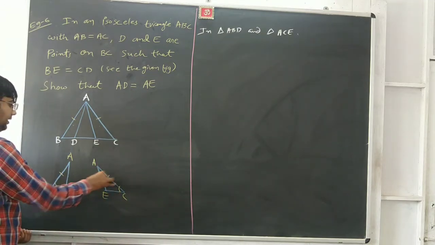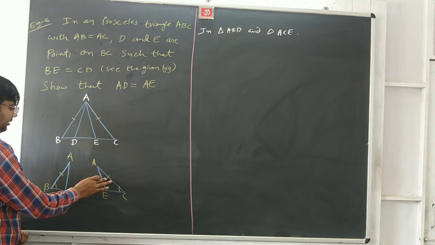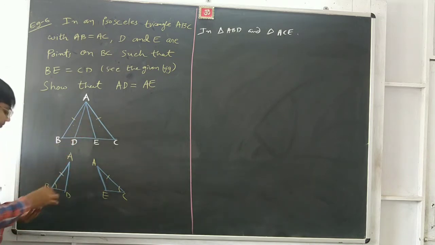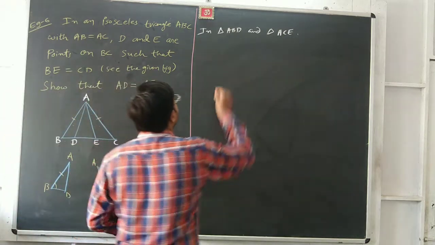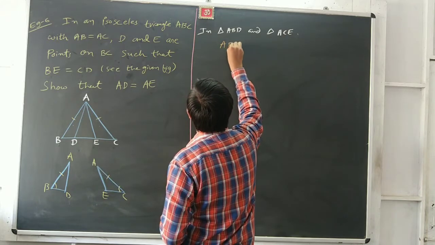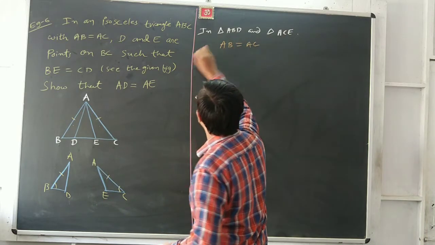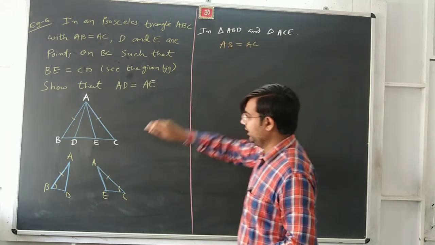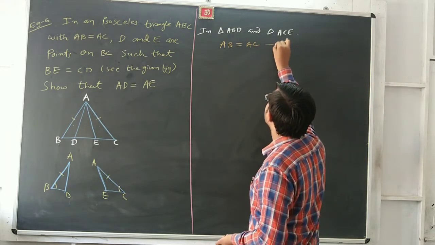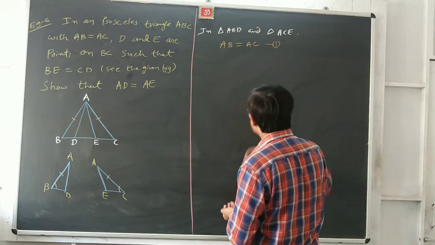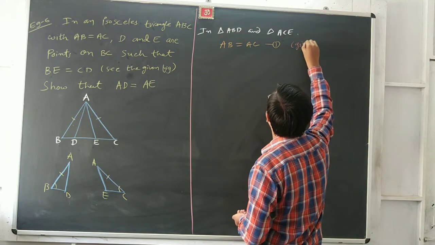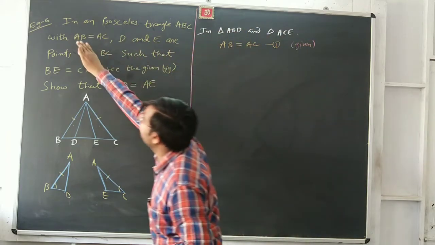Here AB and AC should be equal. We know that, so I can write AB is equal to AC in this triangle. Okay, so it is equation number 1. Why? It is given in this question that AB is equal to AC.